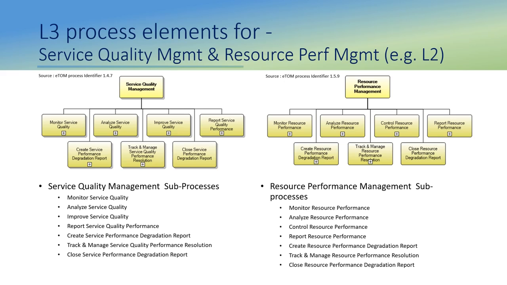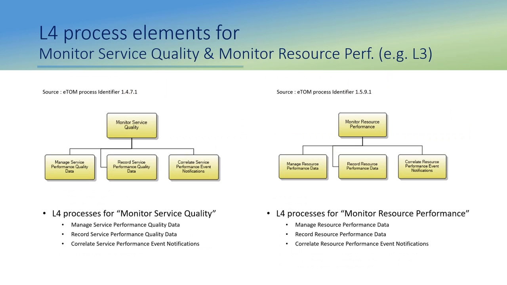Similarly, for resource performance management, the sub-processes are monitor resource, analyze resource performance, control resource performance, report resource performance, create resource performance degradation reports, track and manage resource performance resolution, close resource performance degradation report.